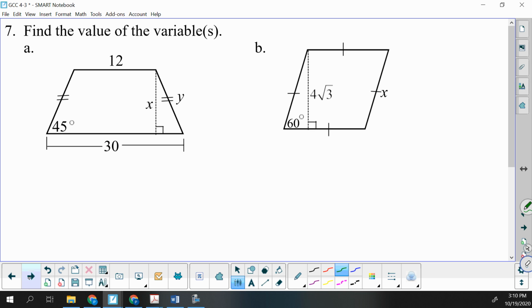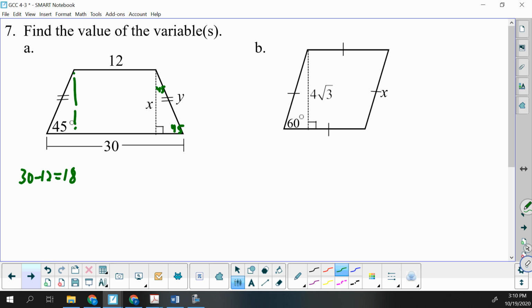Moving down to the bottom, we want to find both x and y. Well, because we have the double markings, if 45 is that bottom left angle, this must also be 45, making this 45. If the middle part is 12, 30 minus 12 gives us 18.